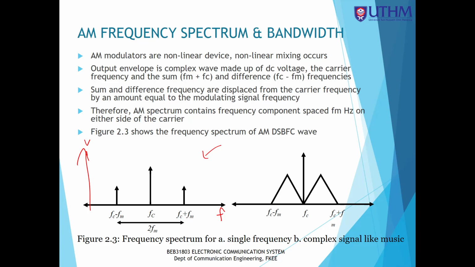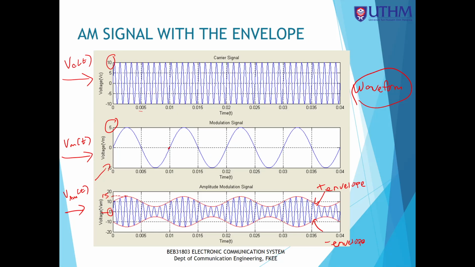And when you are asked to draw the AM waveform, you need to draw this picture. So in the test or exam, you need to be able to draw quickly. So I will show you how to draw in a simple way.